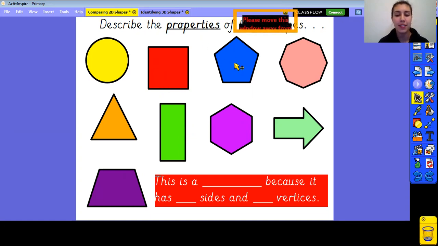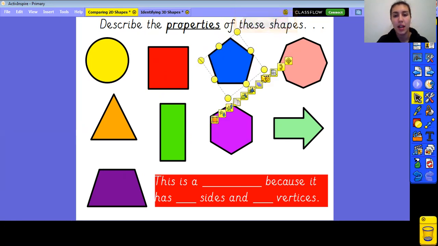This is a pentagon because it has 5 sides and 5 vertices. Now you might have also noticed that this is not just any pentagon, but this is a regular pentagon. This means that whichever way I rotate this shape, it will look the same because all those sides and these angles here, the spaces within the vertices, are all equal.